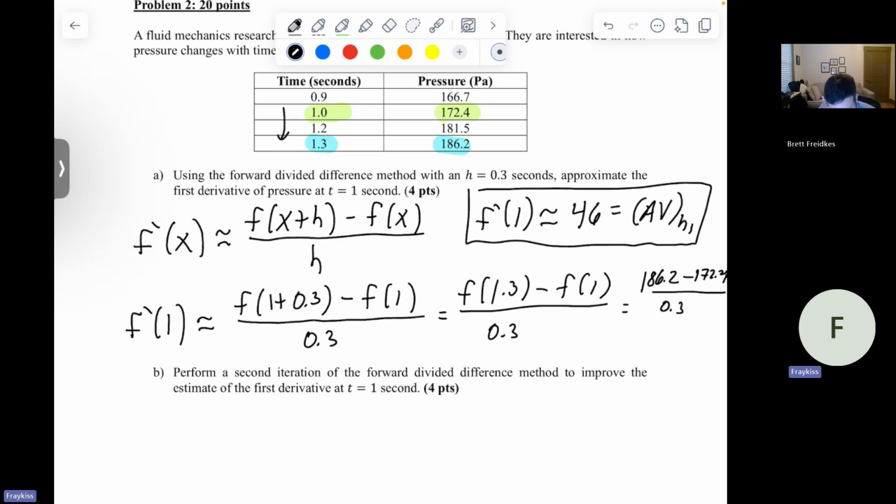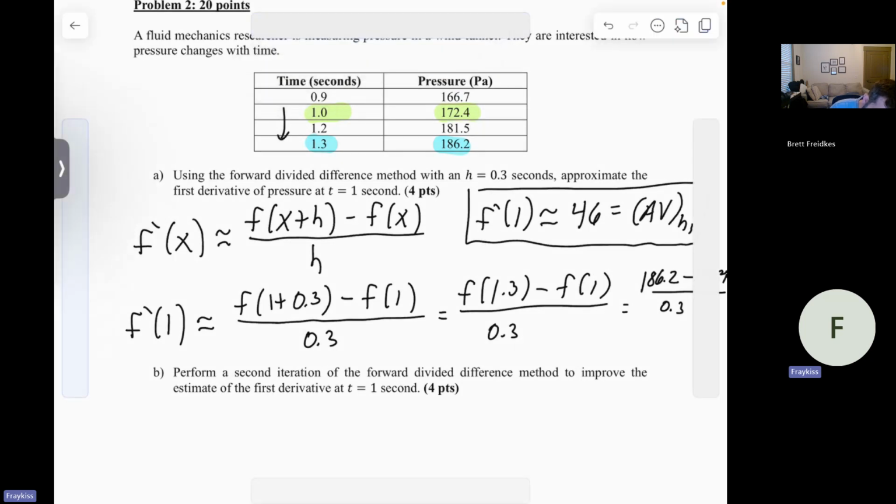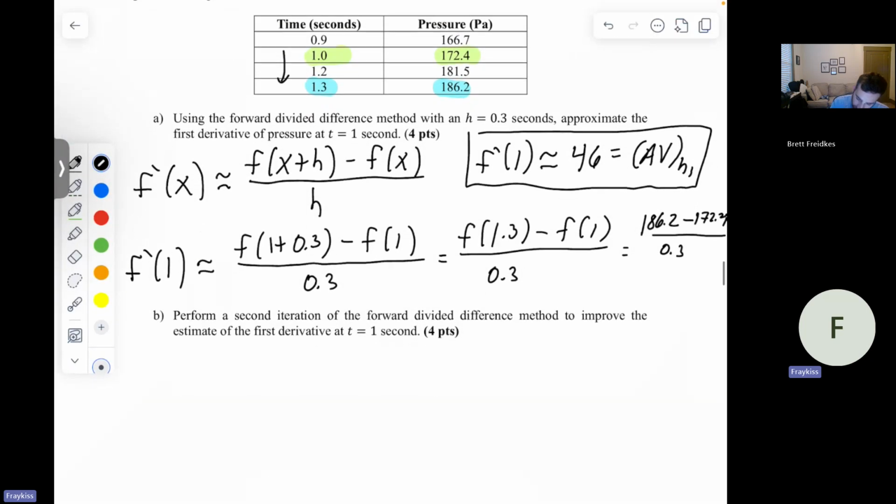Part B says to perform a second iteration of the forward divided difference method to improve the estimate of the first derivative at t equals 1 second. So if I want to improve the estimate and do forwards again, I have to make h smaller. So with that in mind, given the data, the only h that I can do is 0.2 because I have to go to the next point.